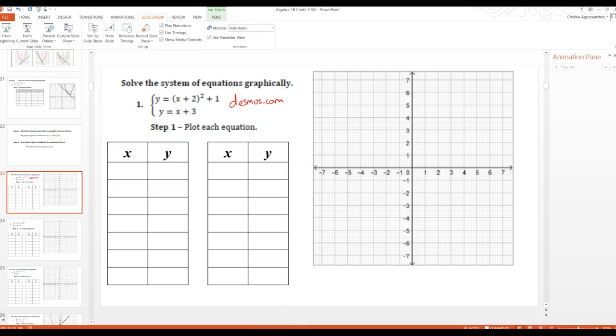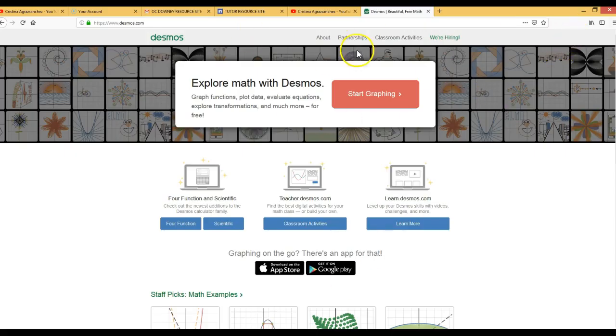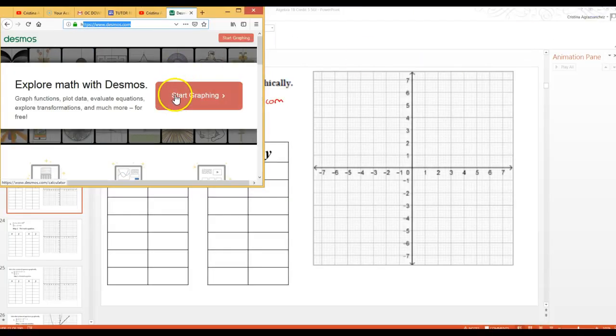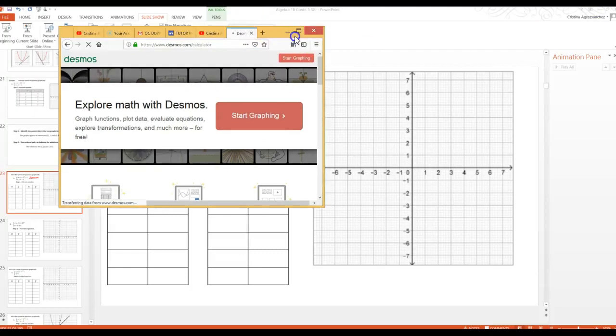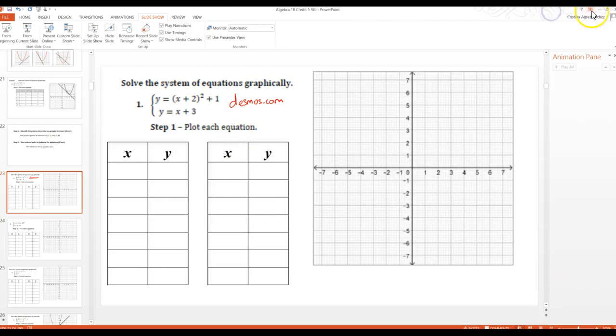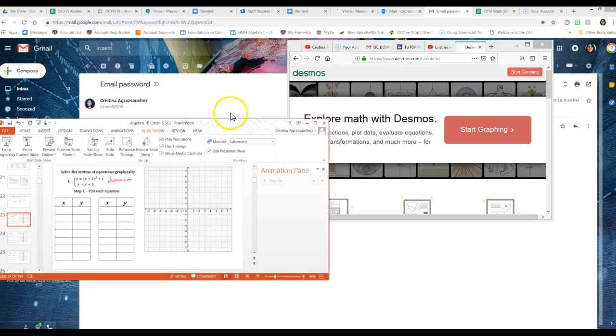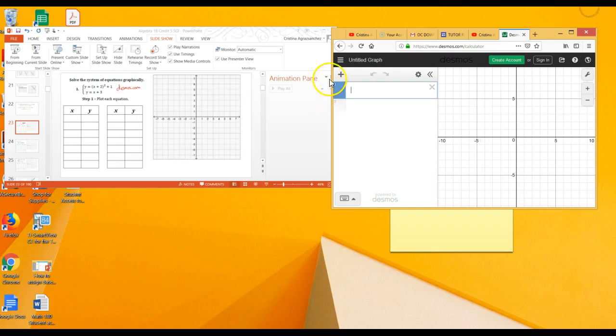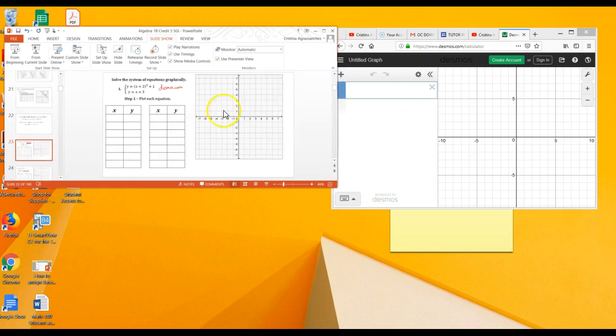And I'm actually going to open up an internet browser, much like you see here, and I included Desmos.com here. I'm going to start graphing and try to minimize both of these so you can see them on the same page. You will see that we have an equation.